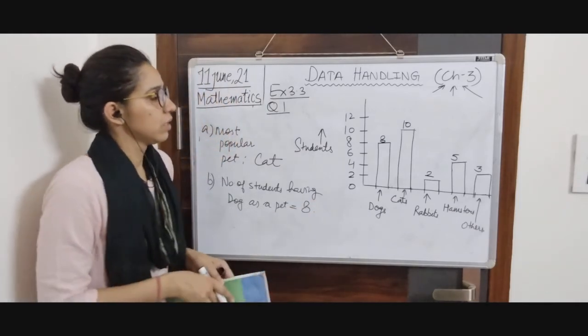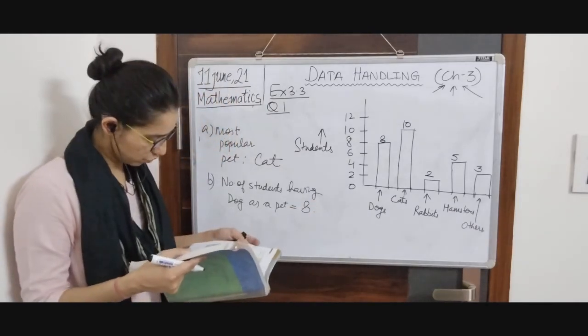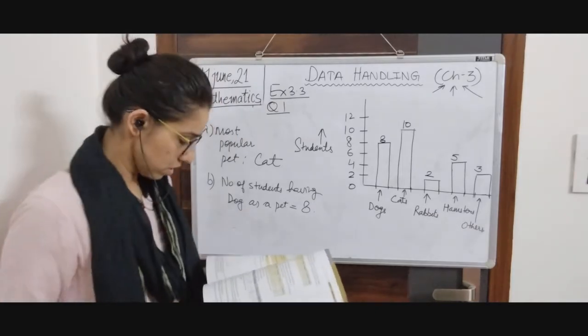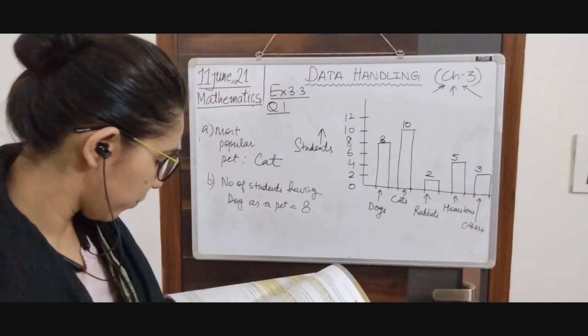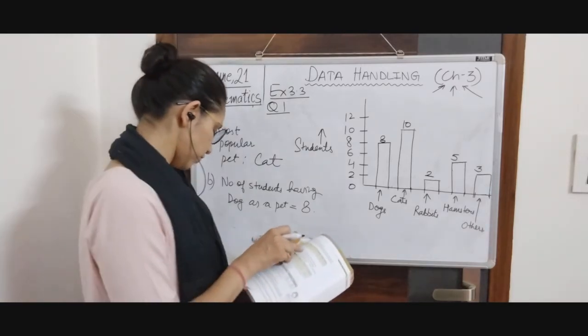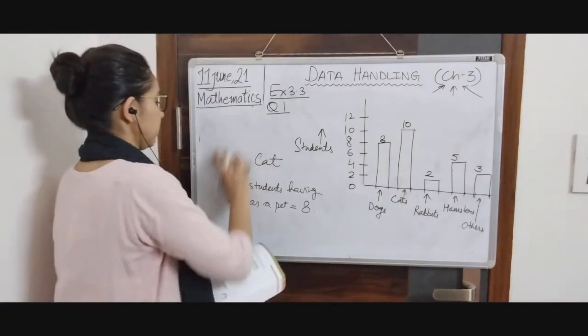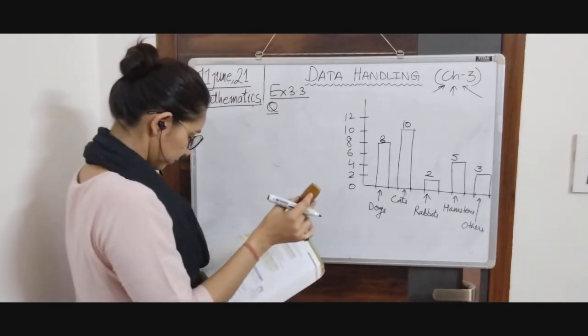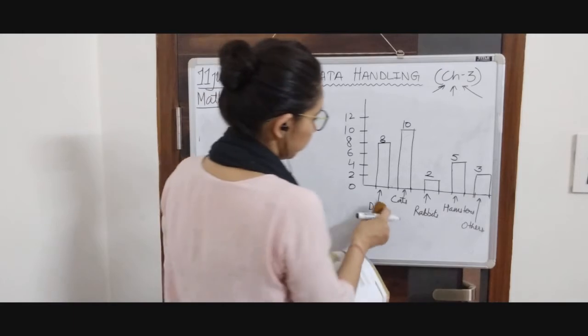Now question number 2, we have to read the bar graph which shows the number of books sold by a bookstore in 5 consecutive years and then we have to answer a few questions.